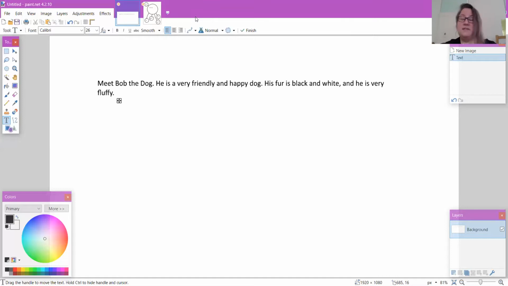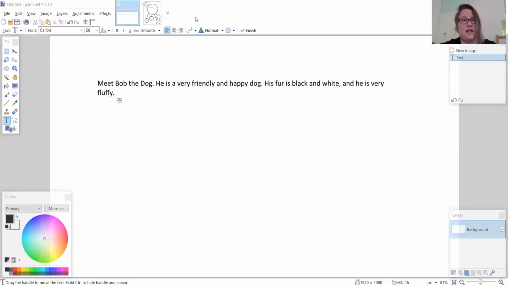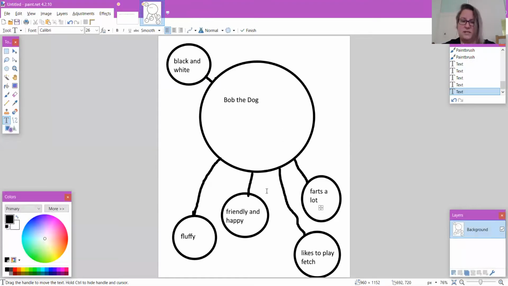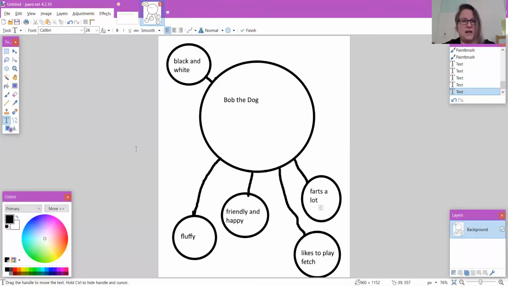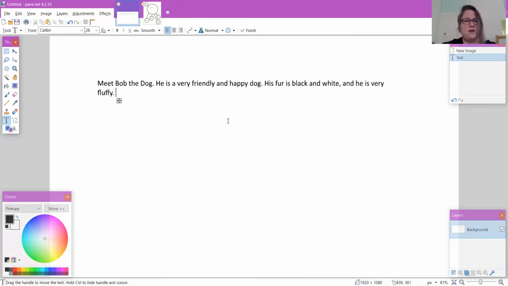Meet Bob the dog. He's a very friendly and happy dog. His fur is black and white, and he is very fluffy. And what else did I say? Oh, I said happy. Yes, friendly and happy. I got that. I said he's black and white. I got he was fluffy. Oh, I need to say something about he likes to play fetch.